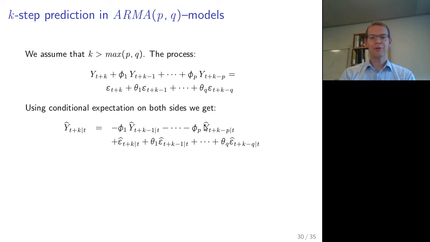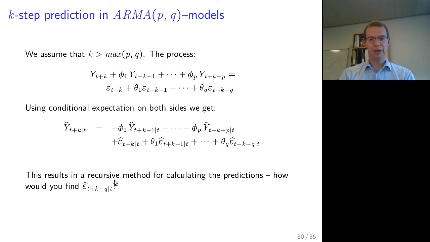And we don't have the future predictions either, so what we will do is make a recursive method, first predicting y_{t+1} given t, and then we use that to progress.